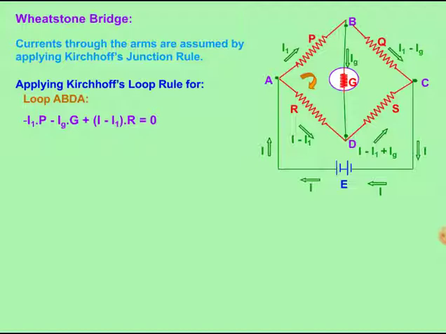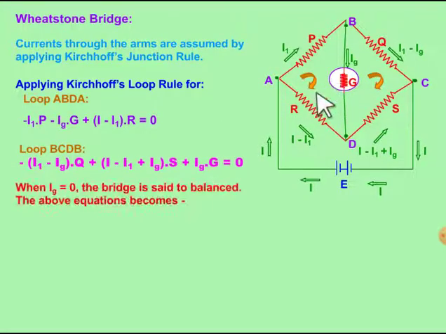So how to prove this? This will be proved using Kirchhoff's laws. We will use both Kirchhoff's current law as well as Kirchhoff's voltage law. If you take the loop directions in this way, applying the loop rule, that is Kirchhoff's second law, in the loop ABDA, you will get this expression.